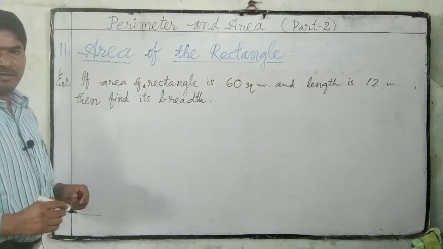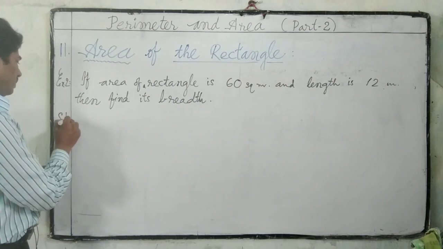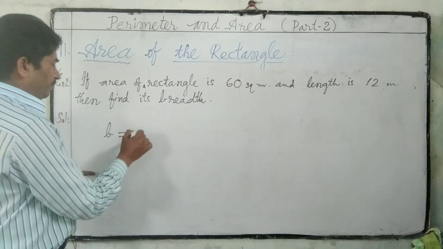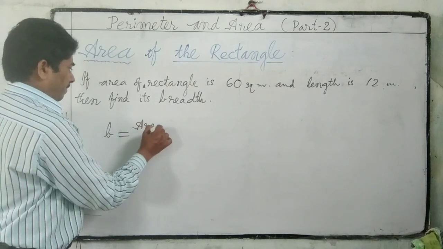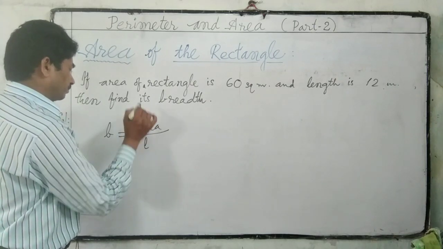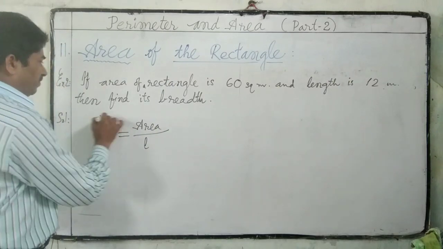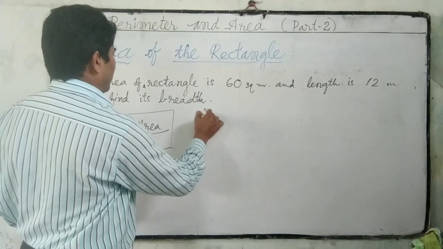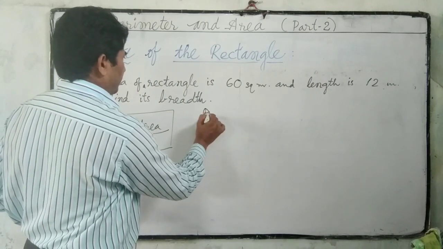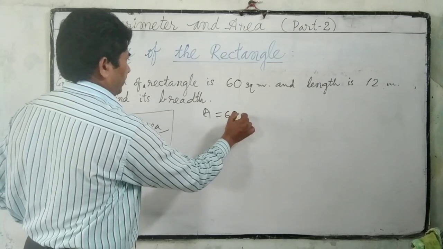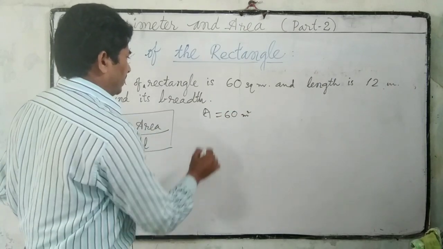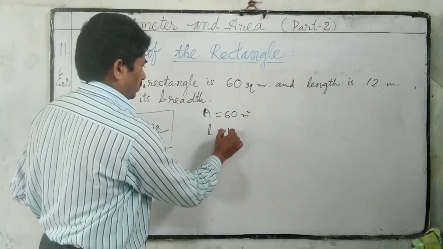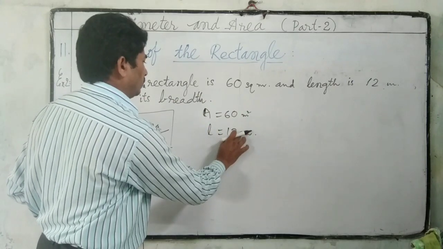We know the auxiliary formula. Breadth B is equal to area by length. So this is the formula. Here given area is 60 square meters, length is 12 meters.